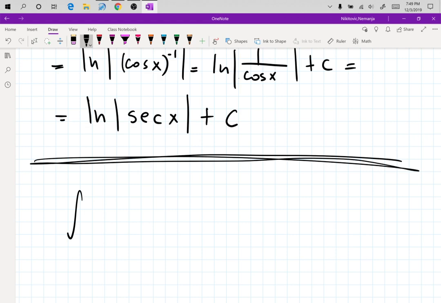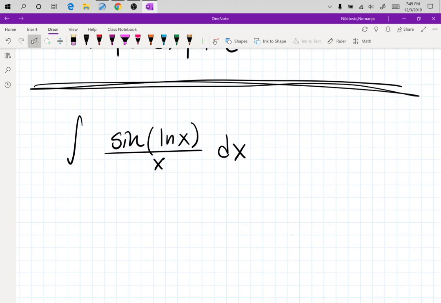Sine. Of, well, let's put ln x. Sine of cosine dx. Now this is called mathematical flexing, when you do a problem that you don't have to do, but it works.